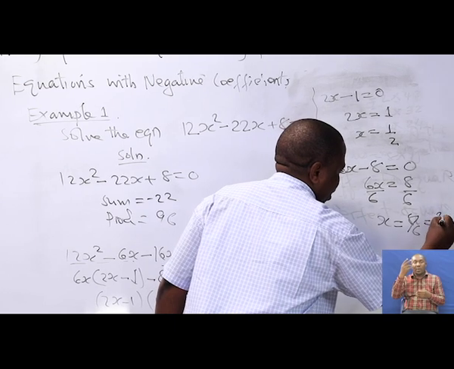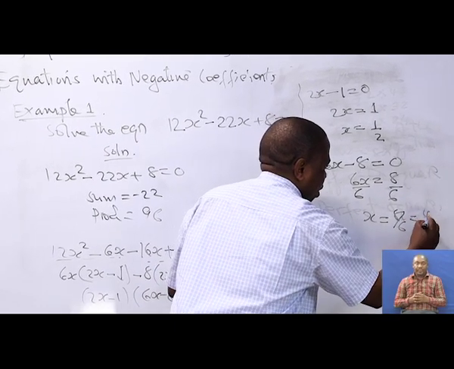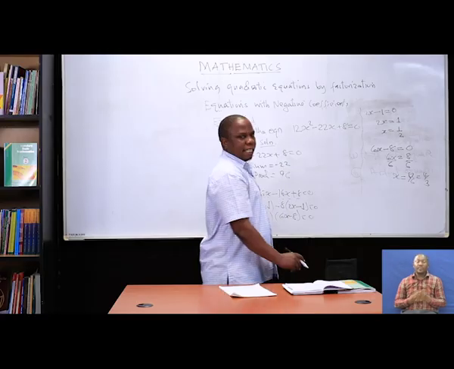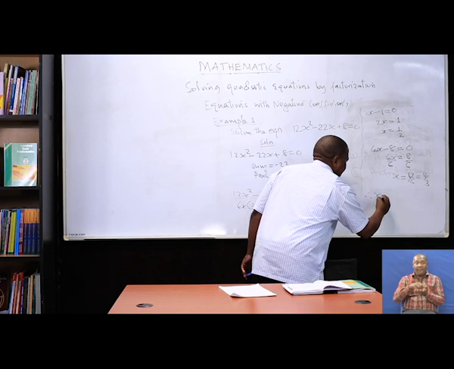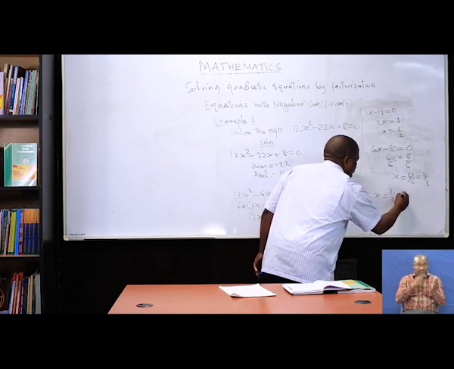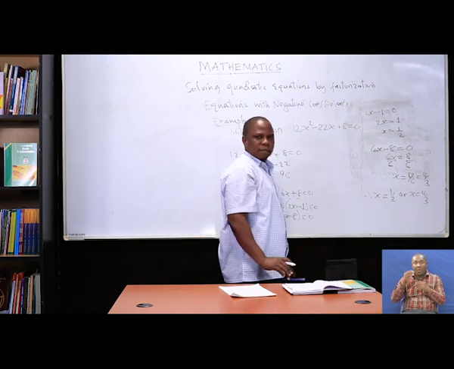That is equal to 4 over 3. Those are the two values of x. Therefore, x is equal to a half, or x is equal to 4/3.